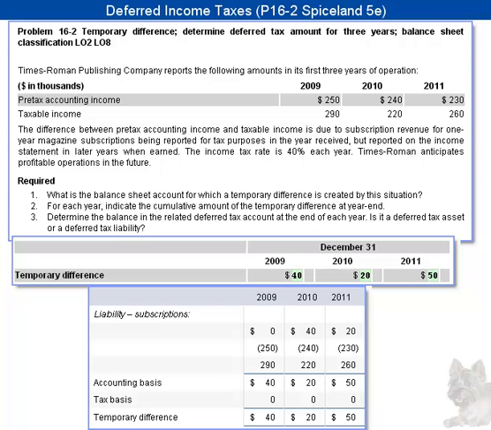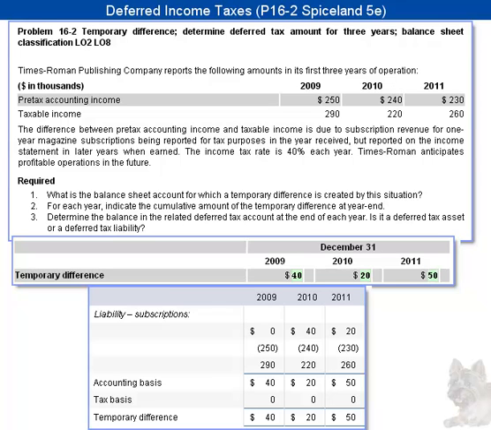And then in 2011, 230 versus 260, and the accounting basis at that point is then 50 million, and hopefully you can see how that calculation is made. Right? 290 minus 250 in the first year gets us 40 million. Then we've got a 20 million going the other way, and then a 30 million difference that we have to calculate in the carrying amount on an inception to date basis. So we're able to compute the temporary differences.